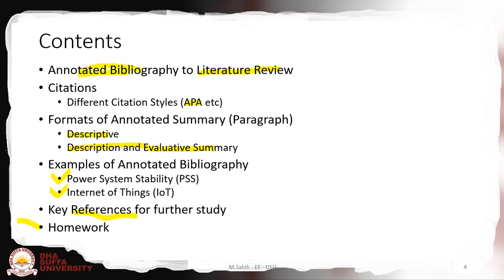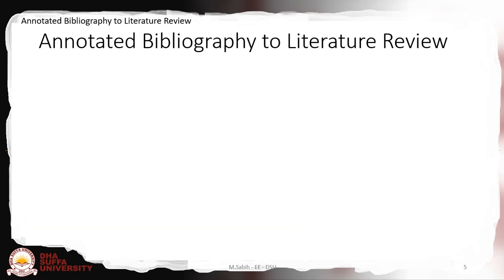That homework is important because by this homework, you will develop an annotated bibliography. After you have this homework done, based on your homework, we will develop a lecture on the literature review, how to turn that annotated bibliography into a literature review.